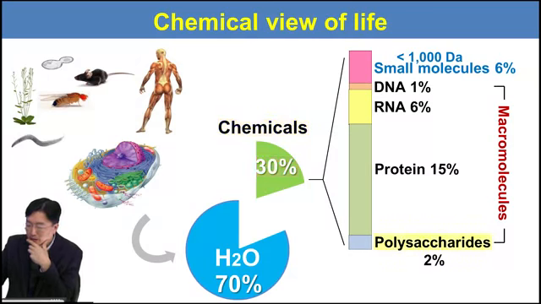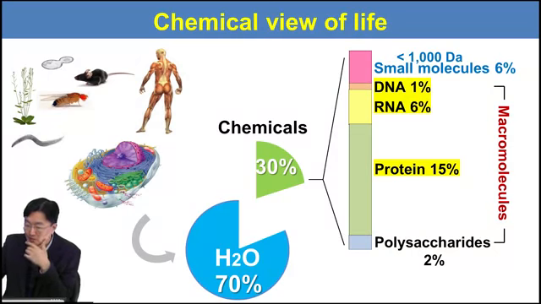Polysaccharides, meaning carbohydrate polymers, take a few percent, and proteins, a major constituent of cellular chemicals, take about 15%. DNA and RNA, those nucleic acids involved in the flow of genetic materials and storage of genetic information, take 7%, which means a lot.